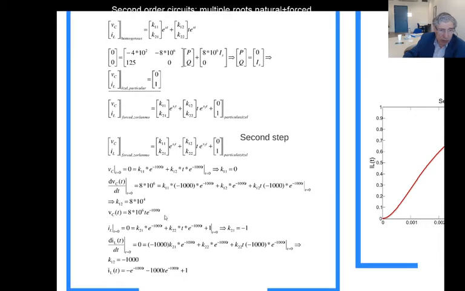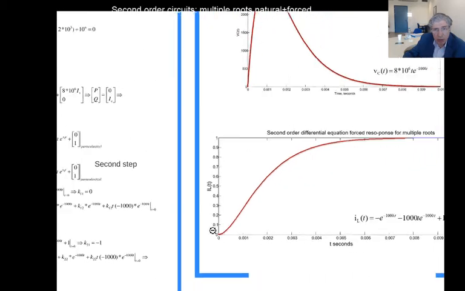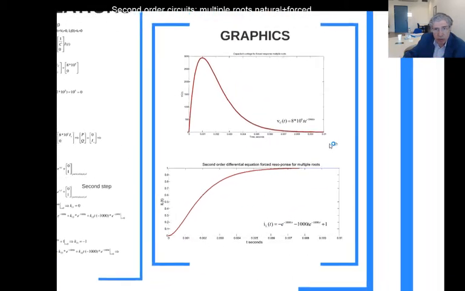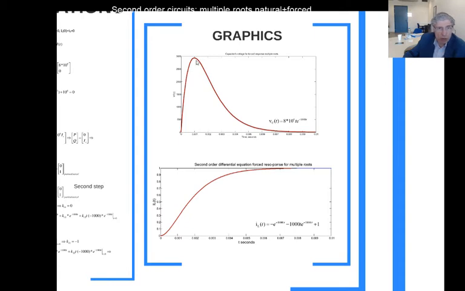If we do similar things for the inductor currents, we are going to end up with this function. So graphs are going to be like that. When you see these graphs, you can easily see that the initial conditions are 0. It starts from the 0 point, this one also starts from the 0 point. Since this is a forced solution, it includes the independent source.